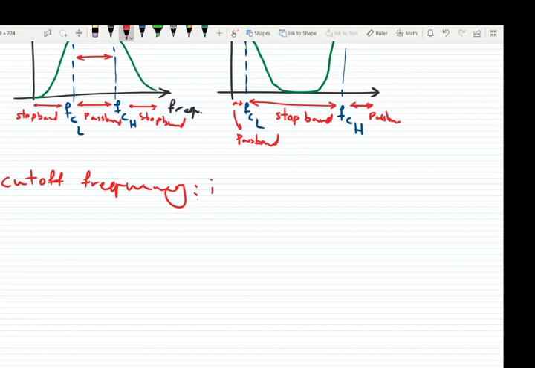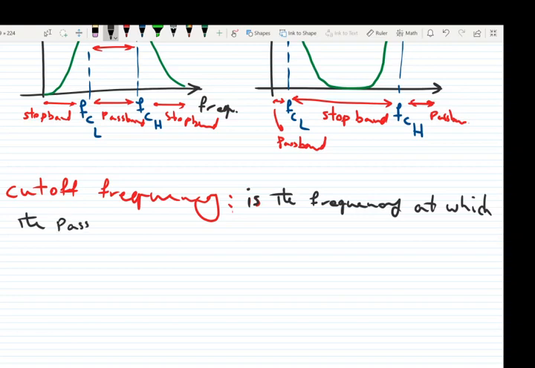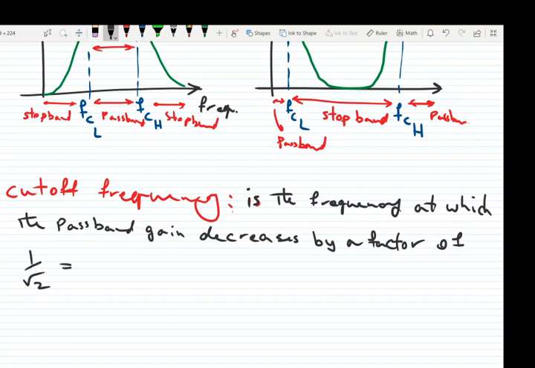We say the cutoff frequency is the frequency at which the passband gain decreases by a factor of 1 over square root of 2, which is equal to 0.707, from its maximum value.